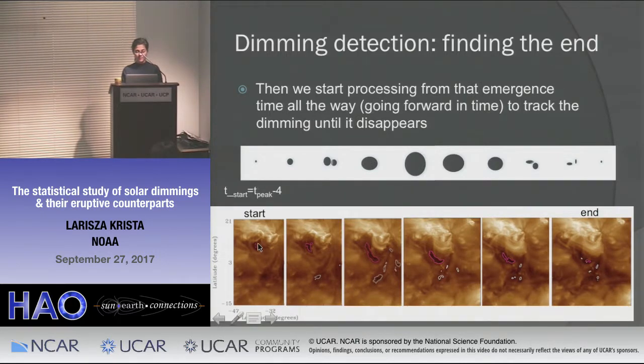So from the seed region, the dimming grows, sometimes even splits into smaller parts or moves around, and then it contracts. So then we have the whole evolution of the dimming region. And an added bonus is that, based on knowing where the pixels of the dimming region were, we can track splitting parts. So we can study the dimming as a system rather than just a single region.